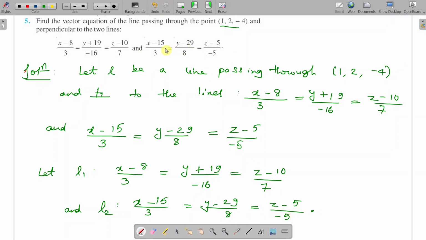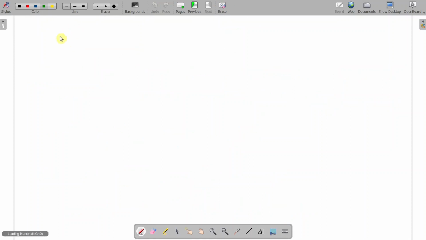So now what we will do is we will write B1 bar and B2 bar from L1 and L2.